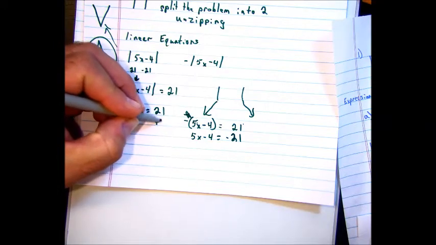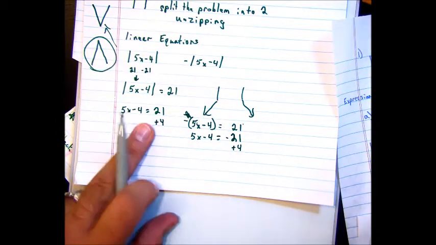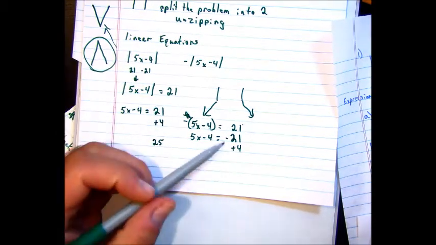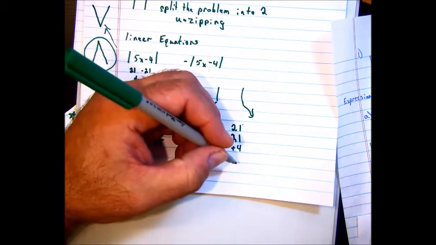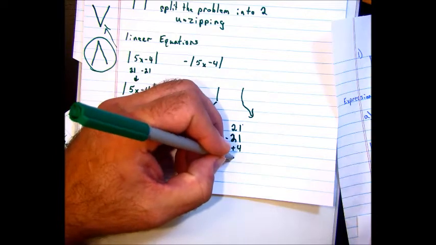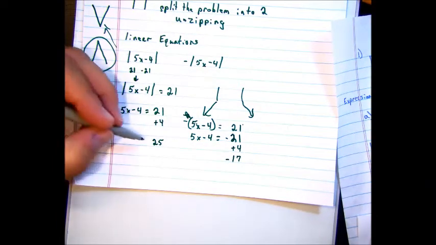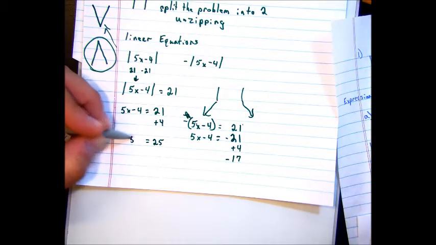So I would add 4. And again, the arithmetic's different. This is 21 plus 4, which is 25. And this is negative 21 plus 4, which is negative, correct, 17. Okay. Then of course this negative 4 is gone and you're left with 5x.